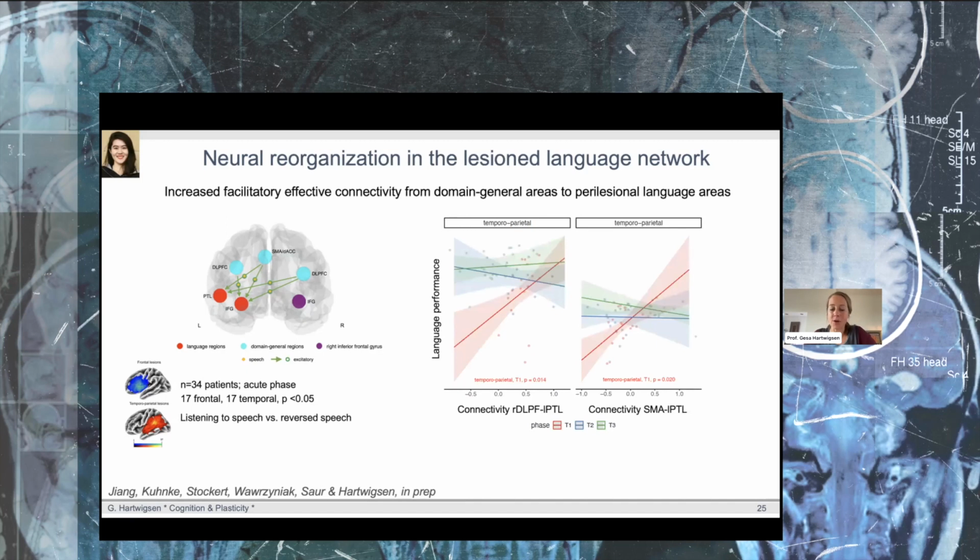And this early increase in the connectivity was correlated with better preserved language performance. In the early phase, of course, we don't have a recovery score because the acute phase is the first measurement point.